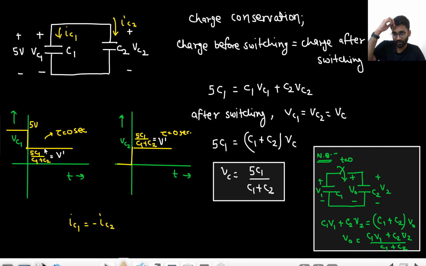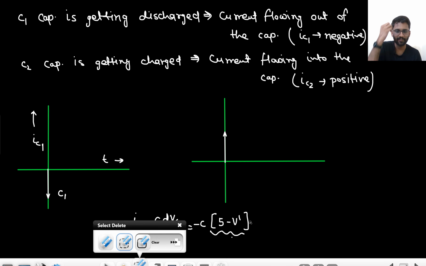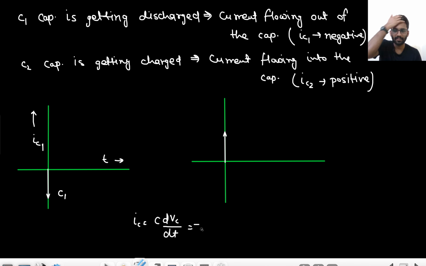This is going from 5 to V dash. So what is the change? What is the change from 5 to V dash? Now, is this value positive? Yeah, this value is positive. So we have to take a negative sign. Actually, change is written as final minus initial. What is final? V dash. What is initial? 5. So this will be your magnitude.